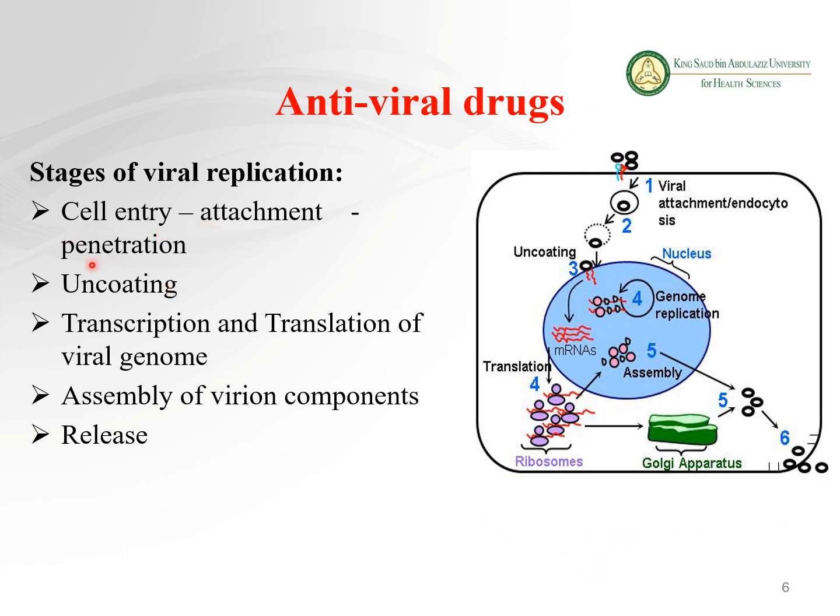So: cell entry, attachment, penetration, uncoating, transcription and translation of the viral genome, assembly of virion components, and then release to infect other host cells. So the drug has to target this cycle. They either can inhibit the entry of the viruses into the host cells, or they can inhibit the replication of viruses within the host cell. So we will discuss different drugs which inhibit these different steps in the viral cycle.